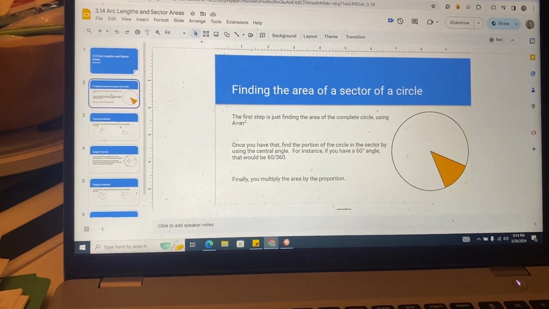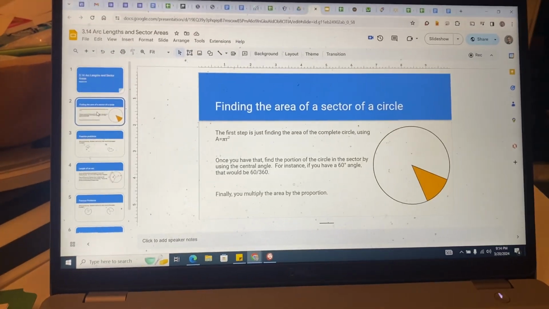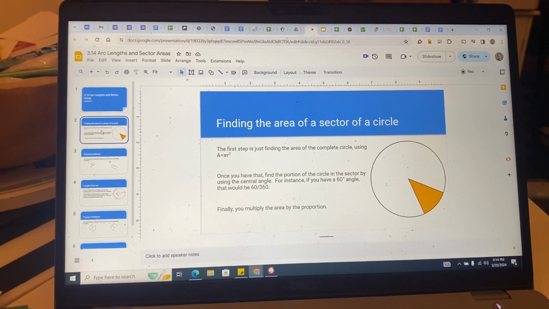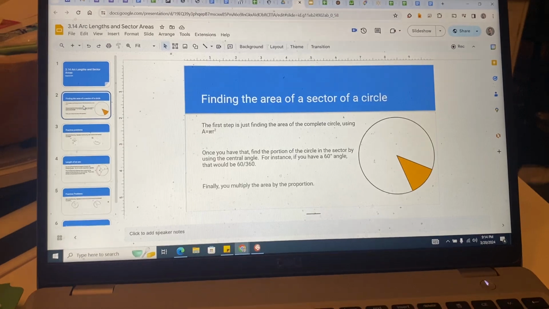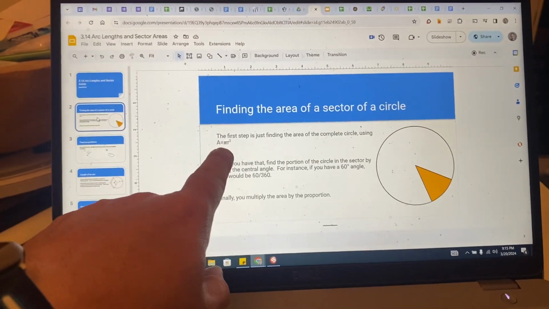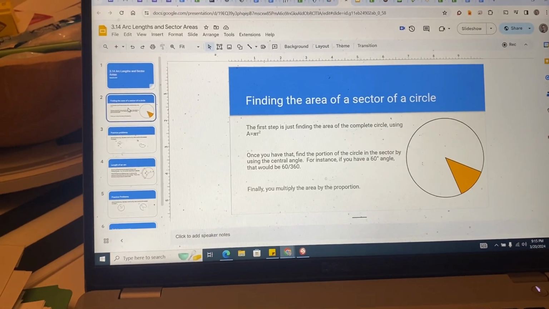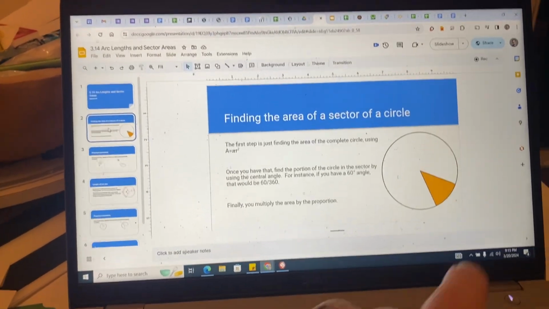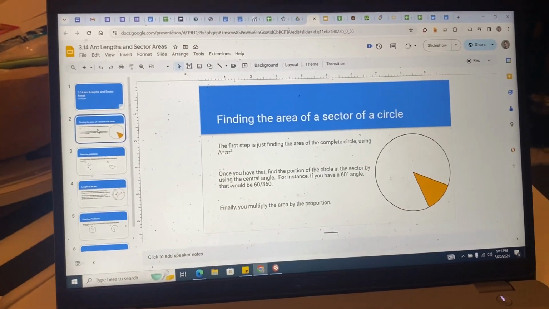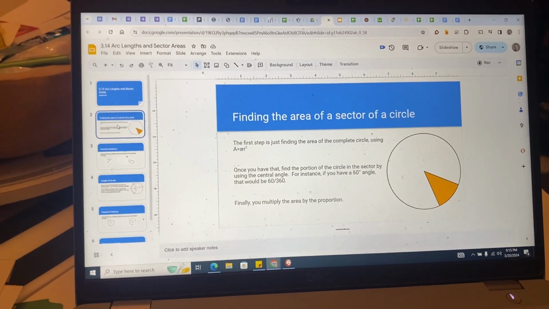Okay, so slide number 2 here talks about finding the area of a sector of a circle. Yesterday, or Thursday, however you want to think of it, you were working on finding the area of a circle. So that's right here, its area is equal to pi r squared. When you want to find the area of a sector of a circle like this, how big was the piece of pizza that you just ate?